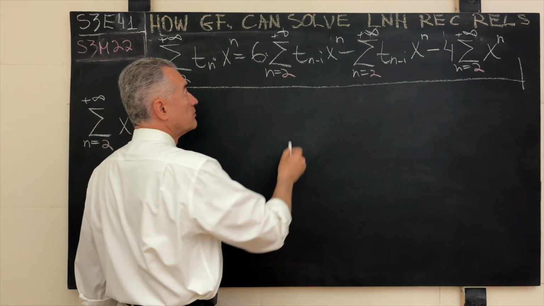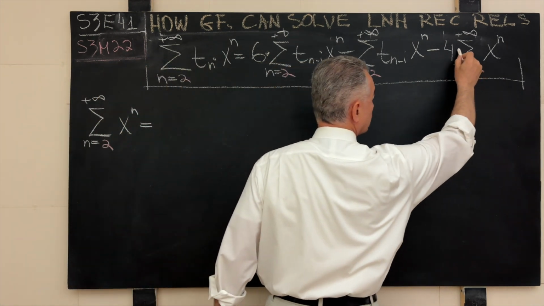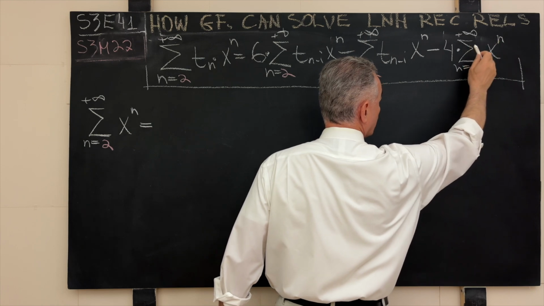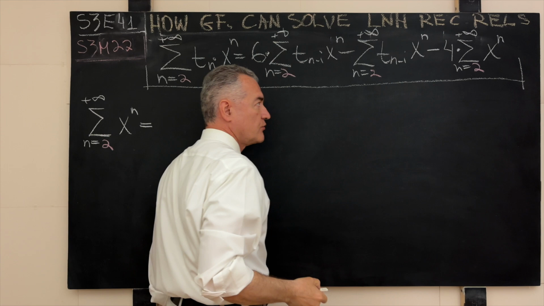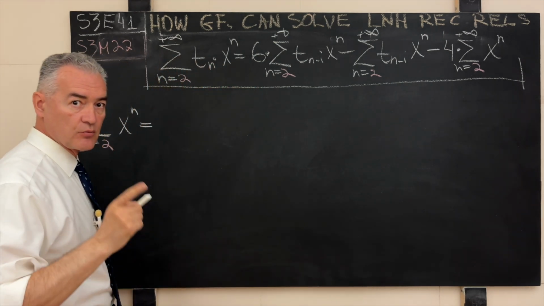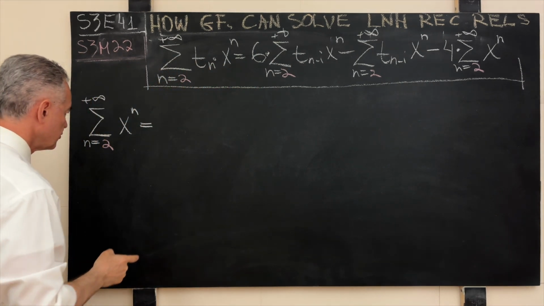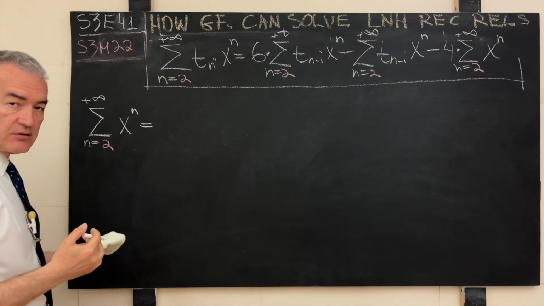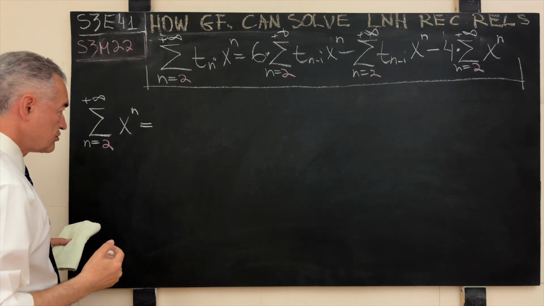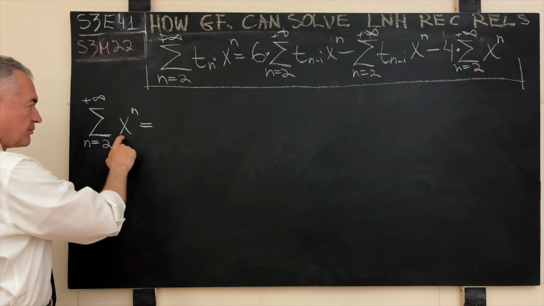And to that end, we will begin with the rightmost object over here, 4 copies of this sum. Don't forget that the index n of summation still runs starting from 2. I explained why in the previous segment. So here, how do we manufacture the material that contains nothing but the generating function g of x and or the independent variable x?